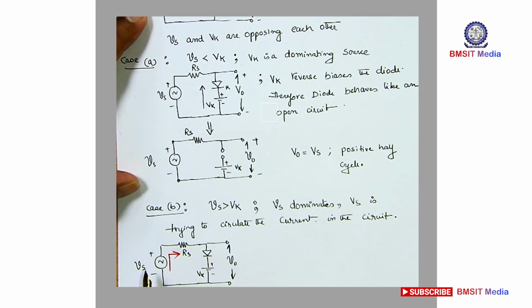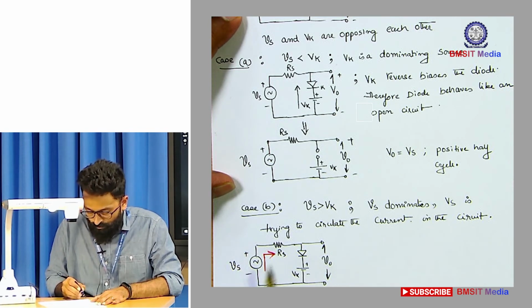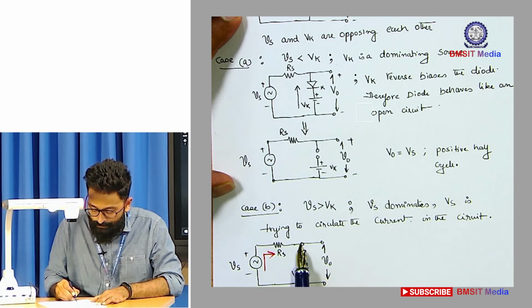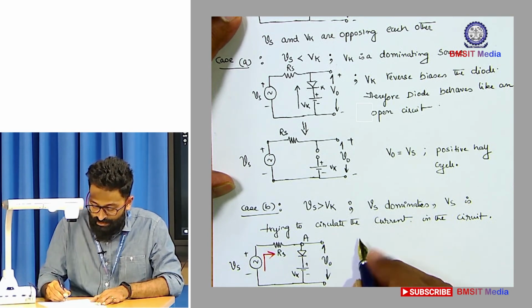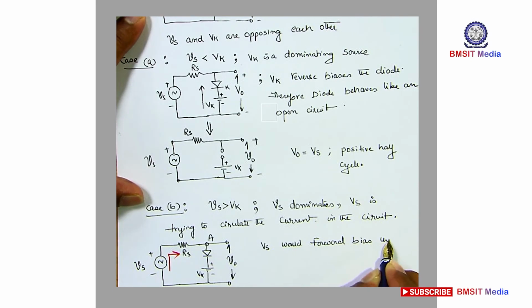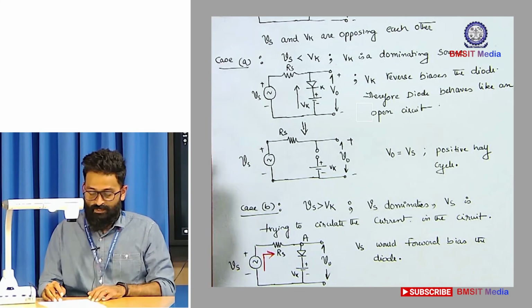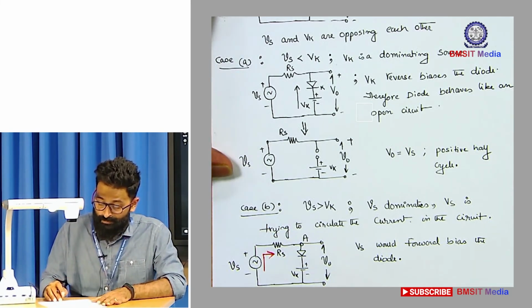Alright. Looking at the dominating source, the positive terminal of the source Vs is connected to the anode terminal of the diode. Hence, Vs would forward bias the diode, because the positive of the source is connected to the anode terminal of the diode.